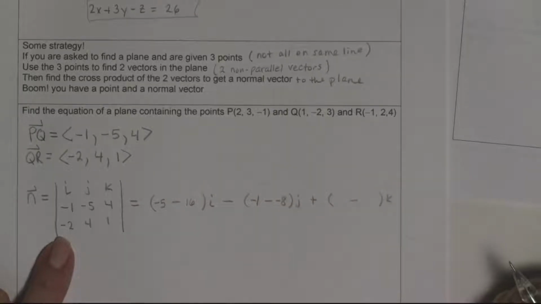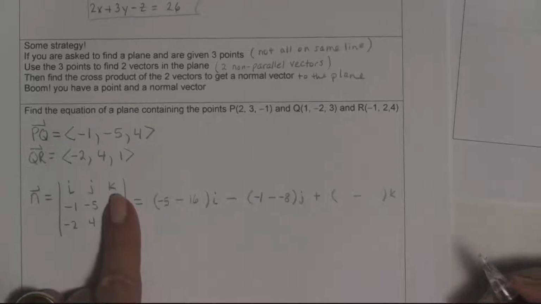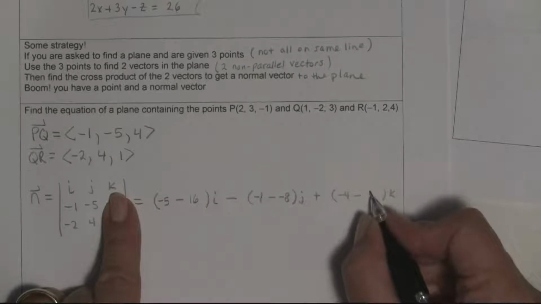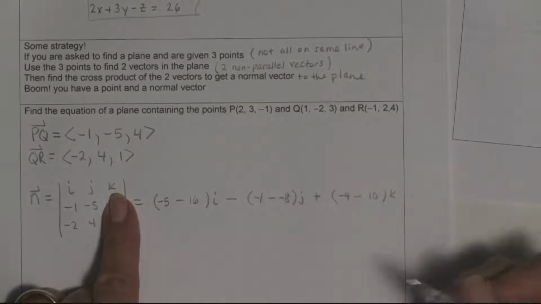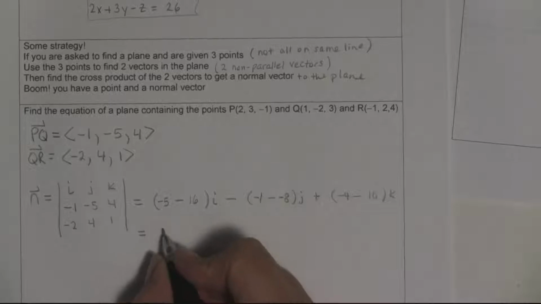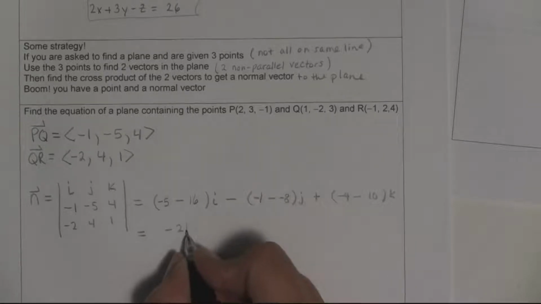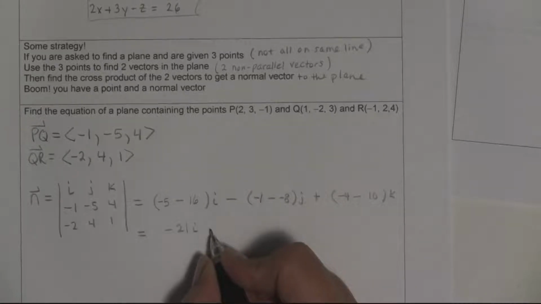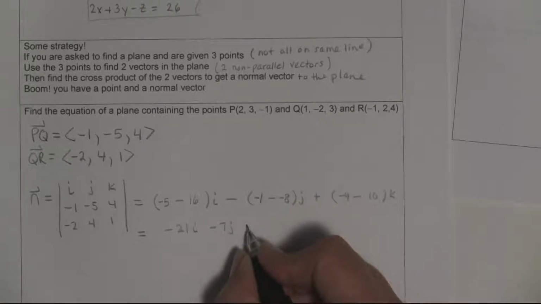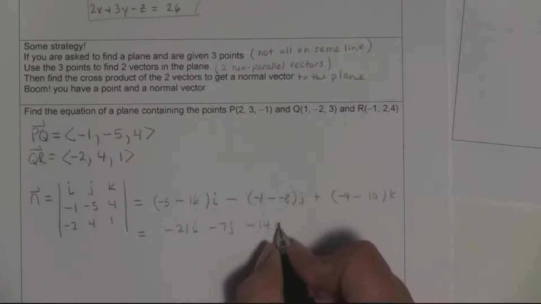And I got a double negative there. And then I'm going to put my finger over K, and I'm going to get -4, and I'm going to get 10. And I've already put the negative in there because people say subtract, and the crisscross applesauce on our cross product. So when I do this, I get -21 I, and then I get -7 J, and I get -14 K.